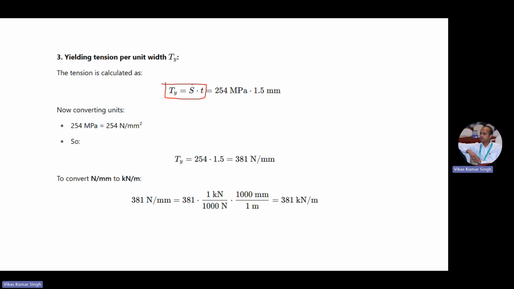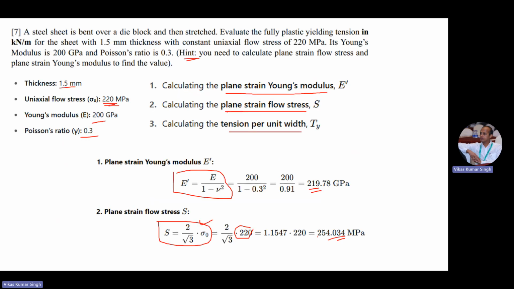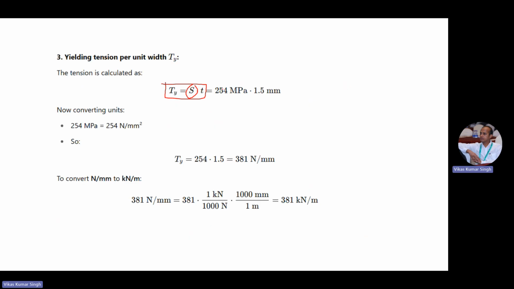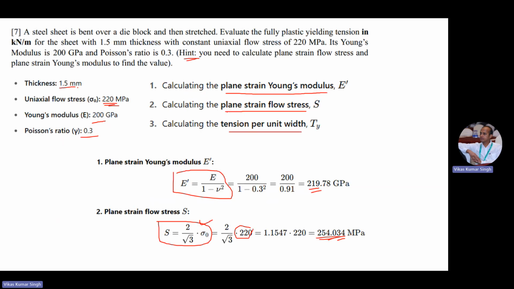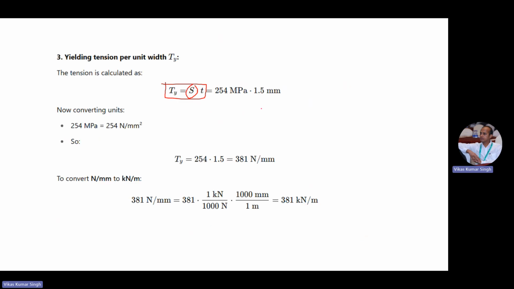Here S denotes whatever we calculated previously, and this value is coming to 254.034. We take the close value 254 for ease of calculation. The thickness is given in the problem as 1.5 mm, so we can use that and get the Ty value.